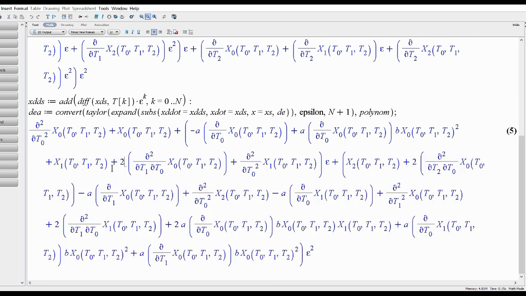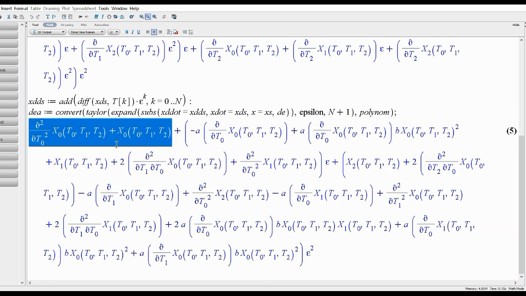Now what I will do is I will just look at the first part, and the solution is a harmonic oscillator. I can think of the solution as A sine of T0 plus phi, but A and phi are functions of T1 and T2.